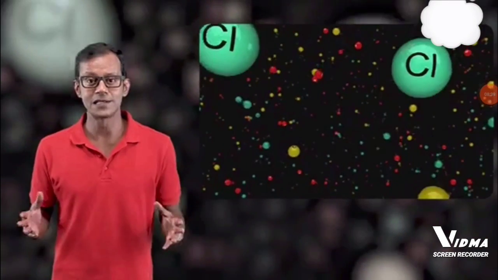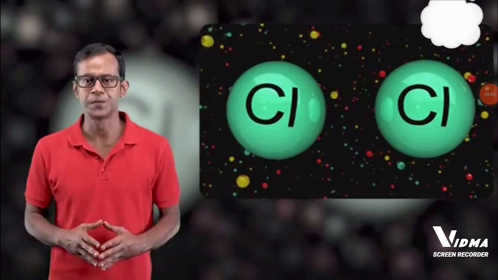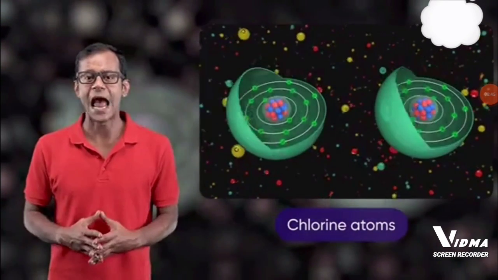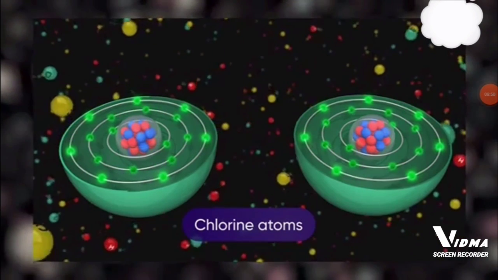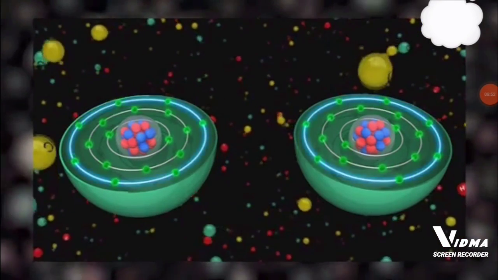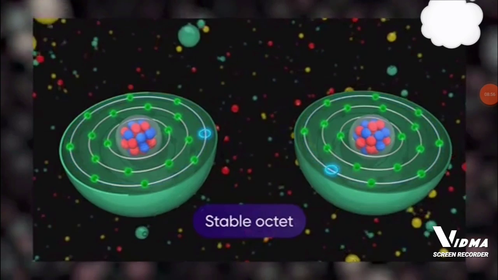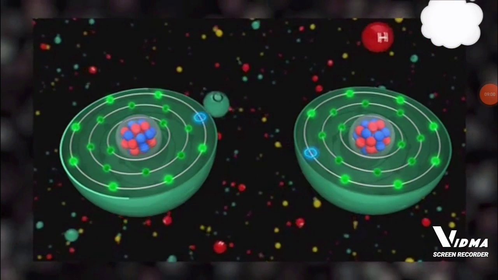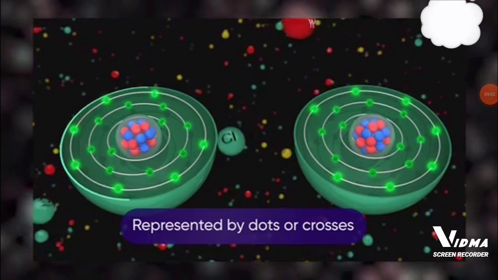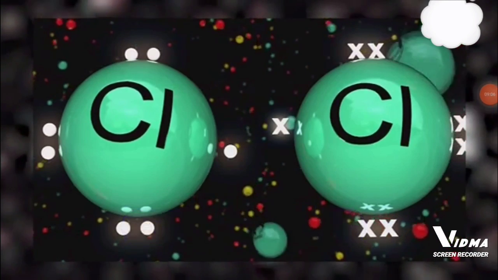For example, let us consider the formation of a chlorine molecule. Here, each chlorine atom has 7 electrons in its valence shell and is short of 1 electron to acquire a stable octet. The valence electrons of both the chlorine atoms are represented by dots or crosses as shown.